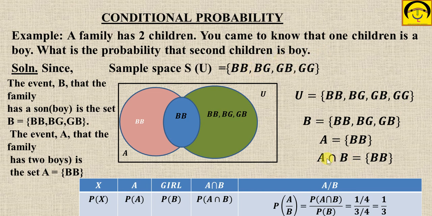So P(A ∩ B) is 1/4. And B has 3 elements, so P(B) is the number of favorable cases, 3, over the total number of cases, 4. So P(B) is 3/4. You just substitute these two values and you finally find P(A|B) is 1/3.